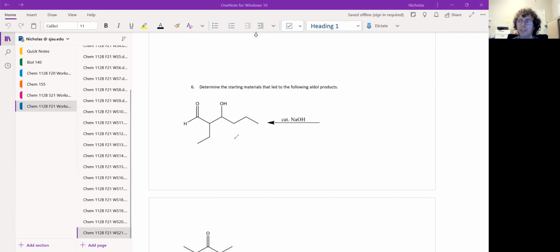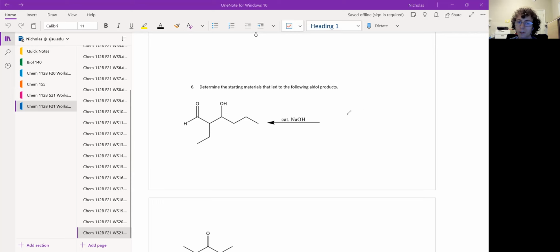If you can recognize how you made a certain product and connect that with a series of reactions, that's what synthesis is. So if you can figure out how I made this, then you could potentially connect that to other things to do a whole synthesis problem. So this should be good practice.